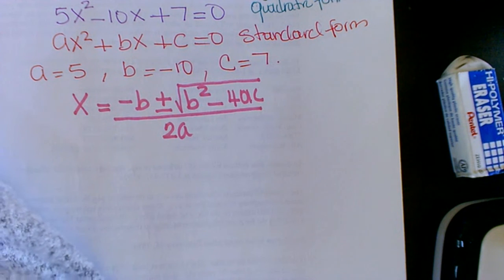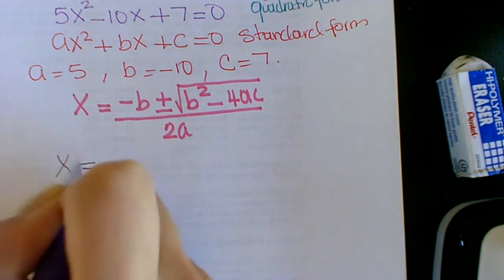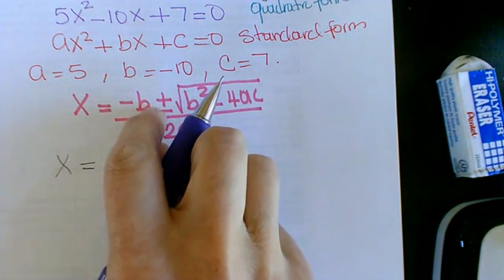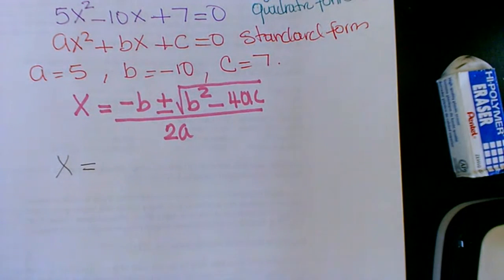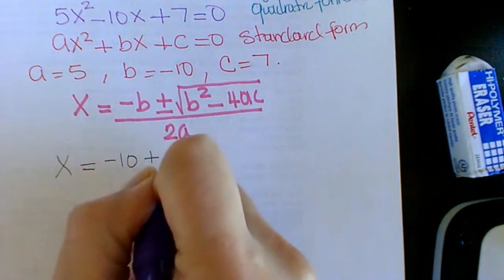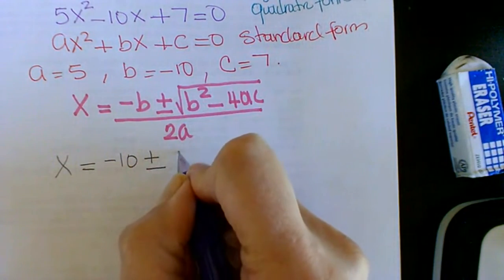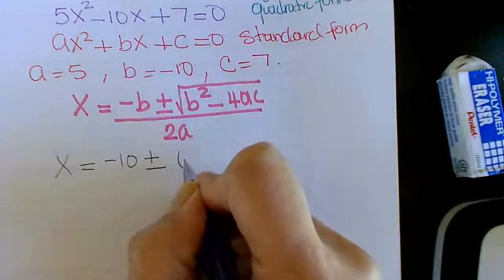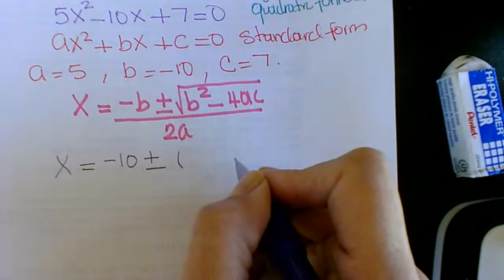So let's do it. So now, x is going to be equal to, what is minus b equal to, Sadie? Perfect. Negative 10 plus and minus. Now, b squared is going to be what? Tell me. Negative 10 what?